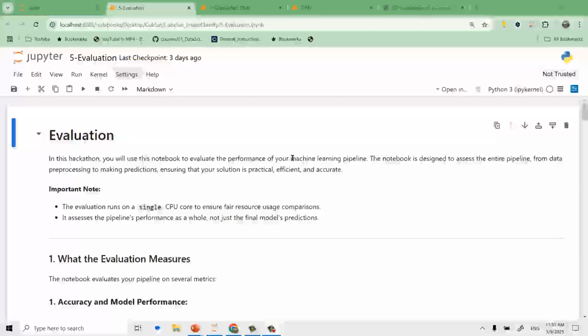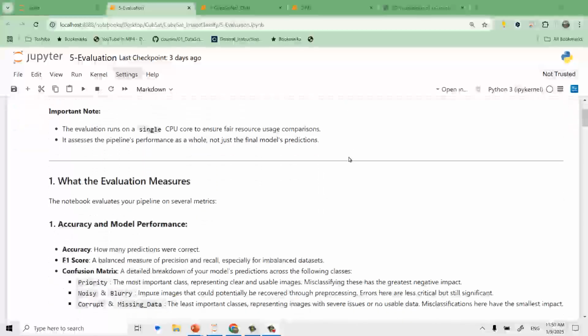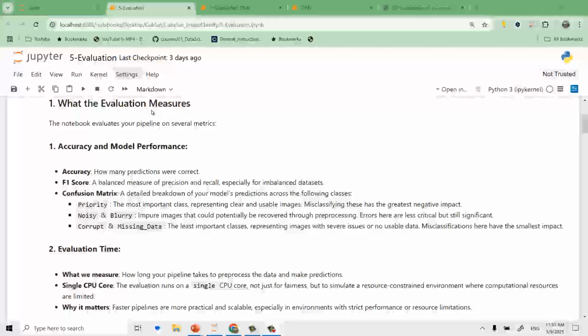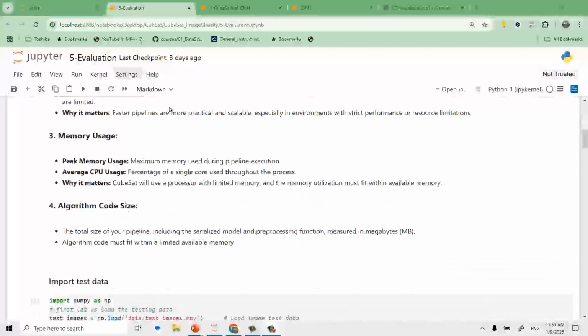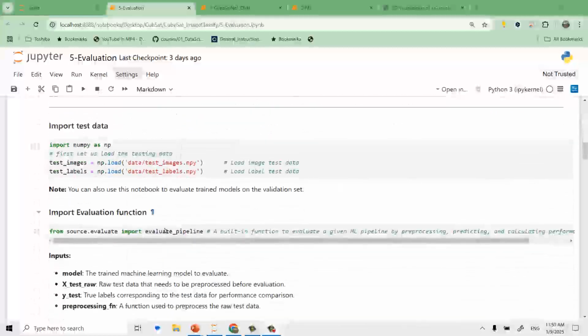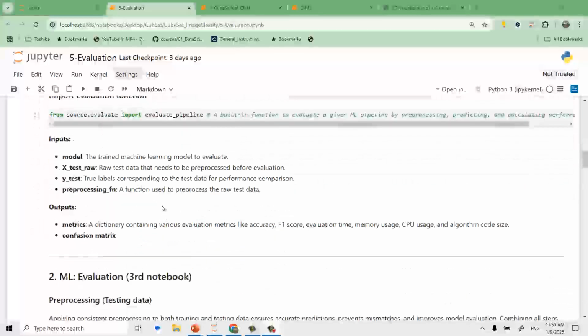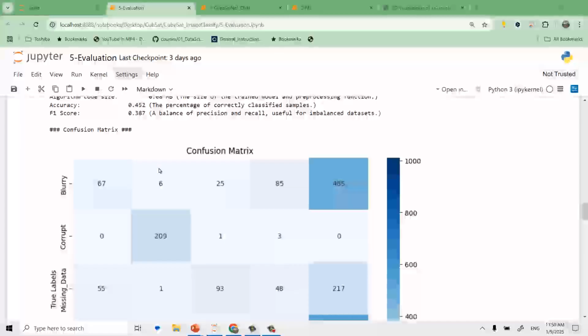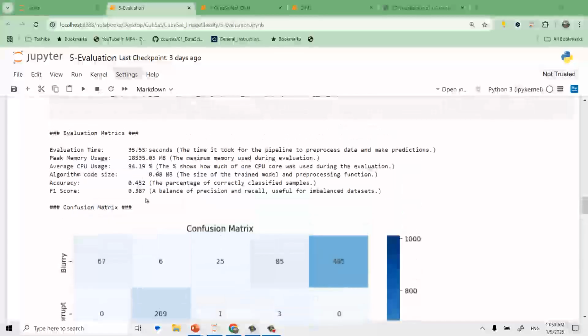It's talking about the pre-processing and the model in your final algorithm. So that's what it's talking about here. And here you have these different evaluations. So you have to run these functions on your code and get these outputs, right? You need to get the confusion matrix. You need to get these values here.